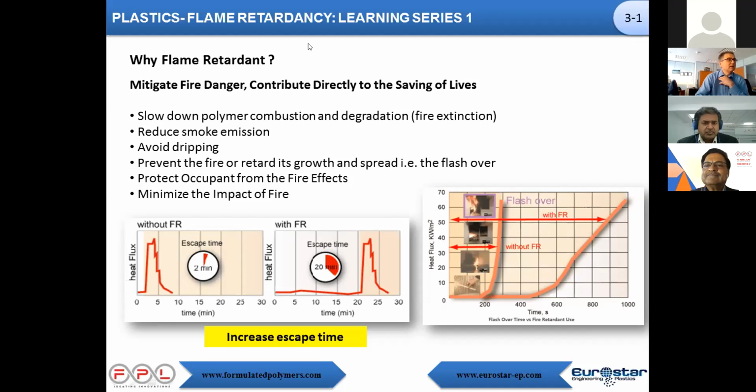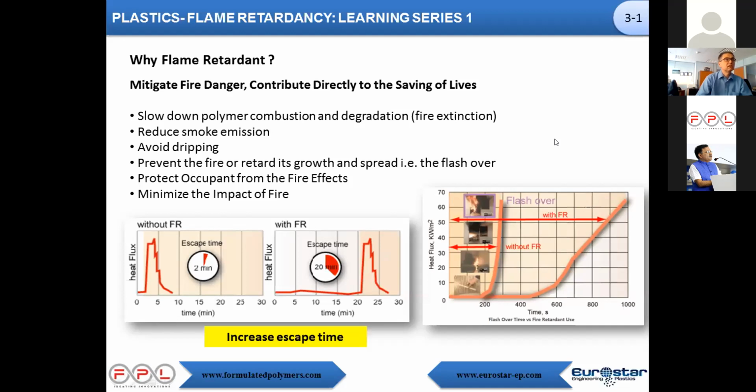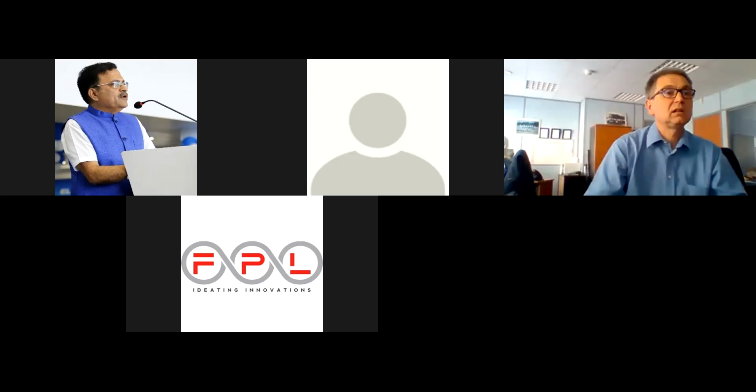I don't know if you can see my screen. Yes, it's okay. Can you see my screen? Can you hear me? We are able to hear you. I don't know whether this is your screen or Balakrishnan is sharing his screen. I'm still sharing the screen.